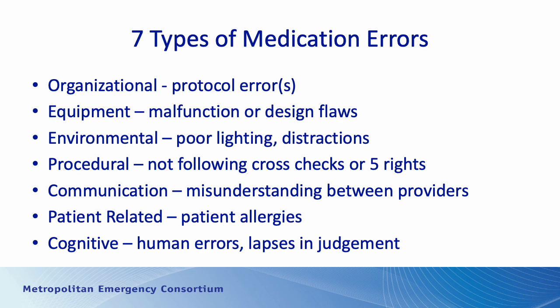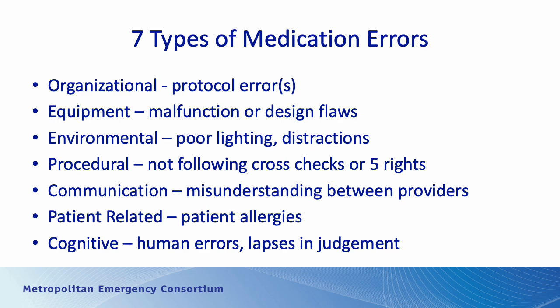Sometimes there's misunderstanding between providers. A provider can think you asked for one thing and they give you something else. So we need to have that back and forth conversation where you identify what you want and the other provider verifies or repeats what you're asking for. Very similar to what you might do as part of radio communication with dispatch or scene command.